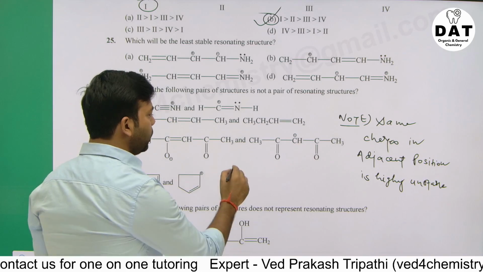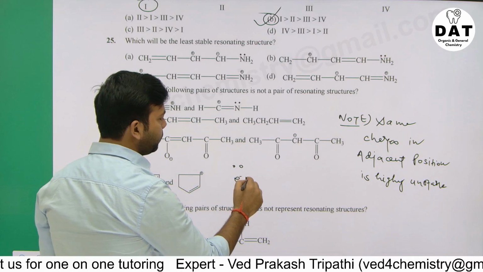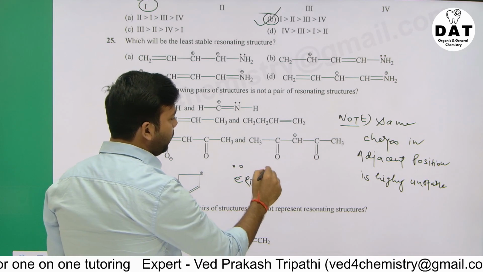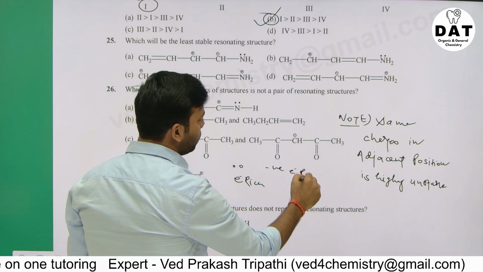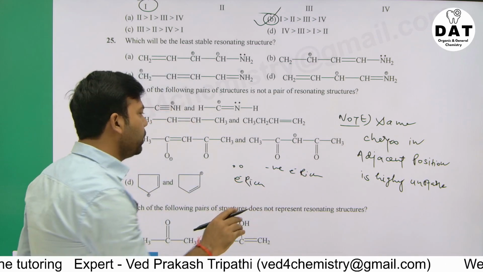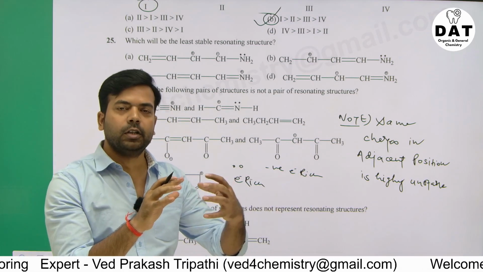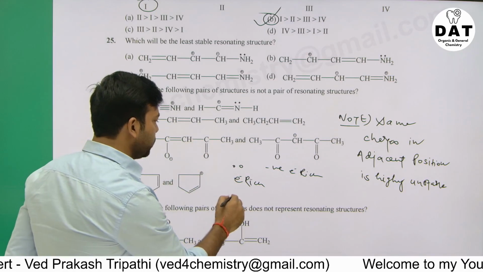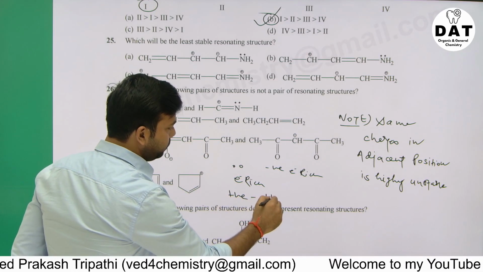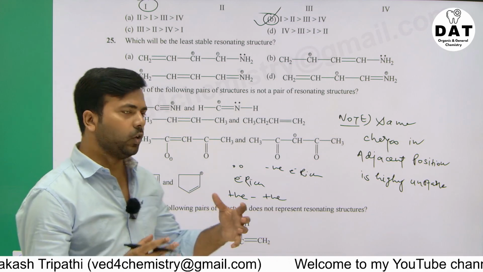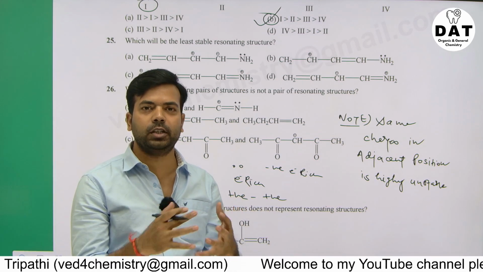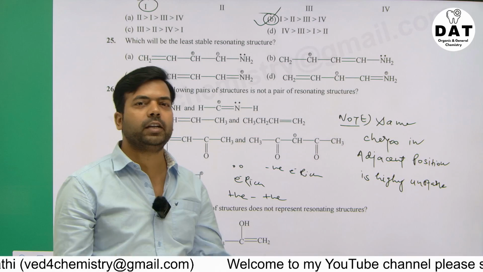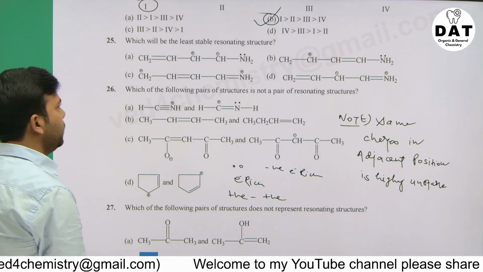Why? Because a lone pair is electron rich and negative is also electron rich. If you have both electron rich in adjacent atoms, then it is repulsive in nature. Same with the positive. Clear? So if you have same charges in the adjacent position, they will repel each other, and that is an instability of the intermediates.